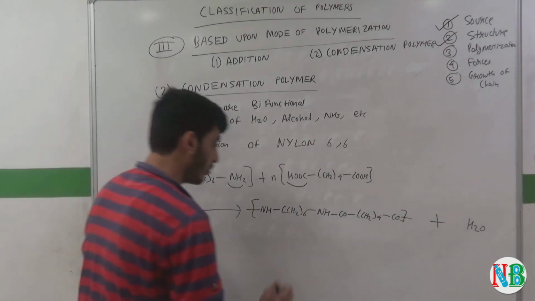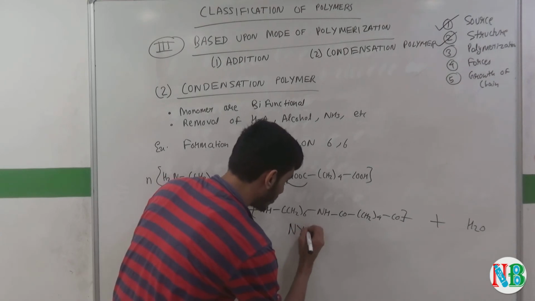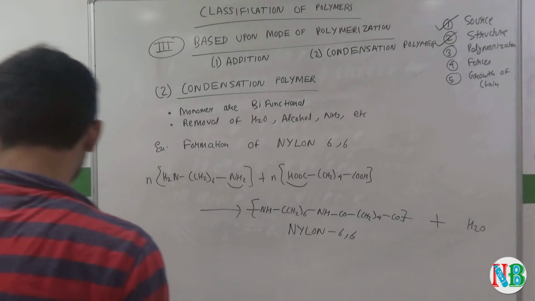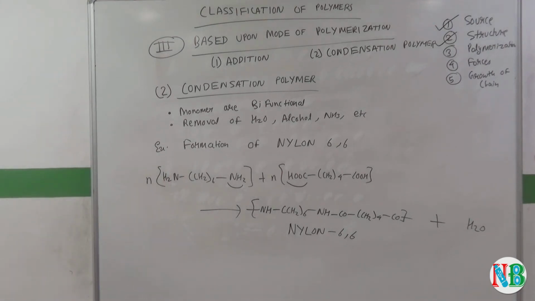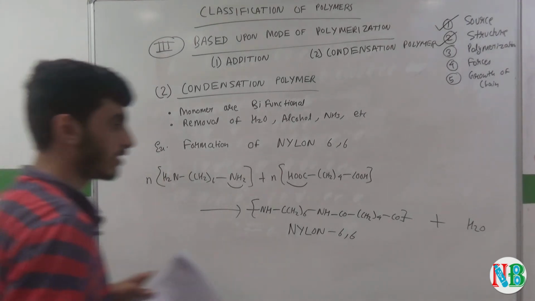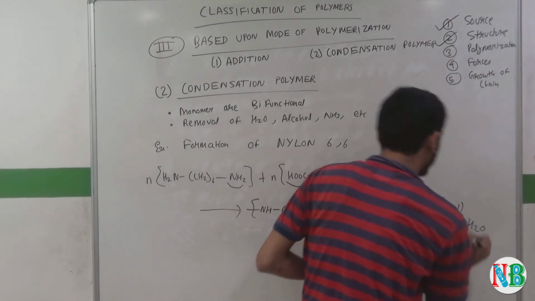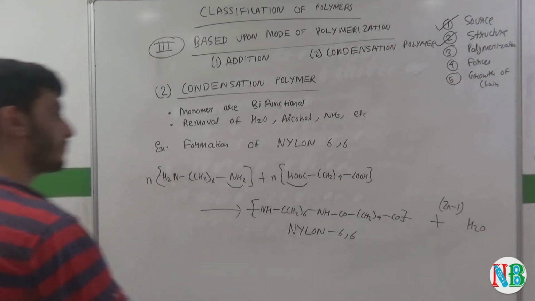This molecule is termed nylon 6,6, and it is used a lot. In the end you get 2n minus 1 molecules of H2O.